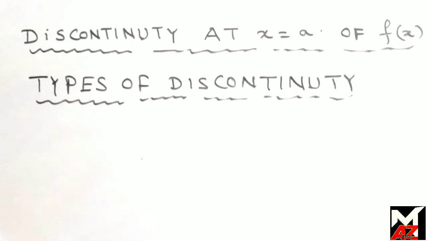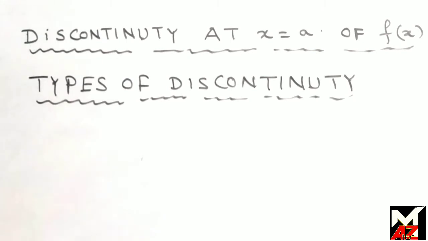In previous class, we already discussed epsilon delta definition of continuity together with its geometrical interpretation and some important examples of continuity.